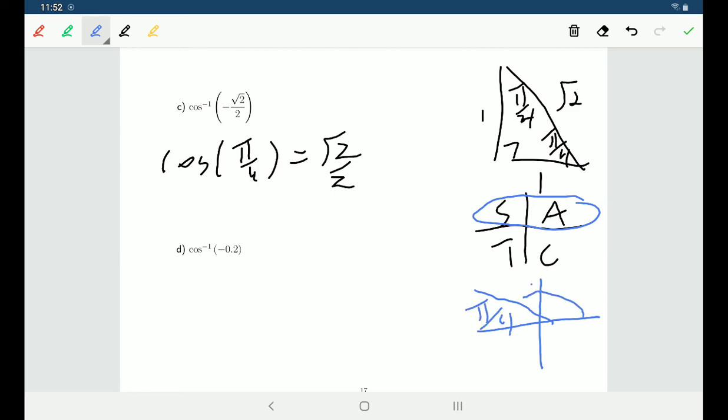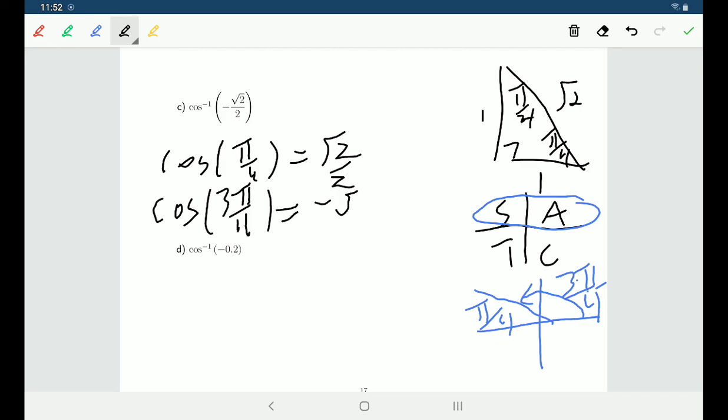So that means the angle that we're talking about is 3 pi over 4. I'm just going to summarize up here. We knew that cos of pi over 4 was root 2 over 2. And now we've just discovered for ourselves that cosine of 3 pi over 4 is negative root 2 over 2.